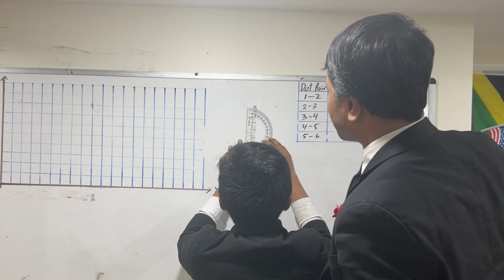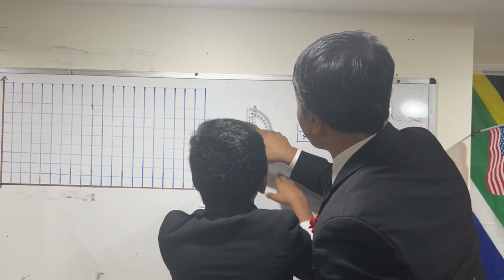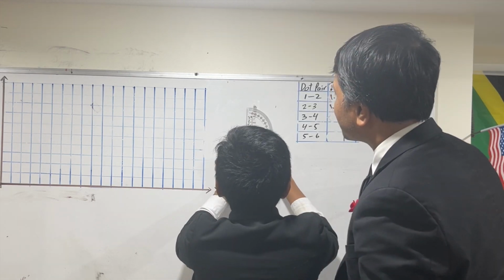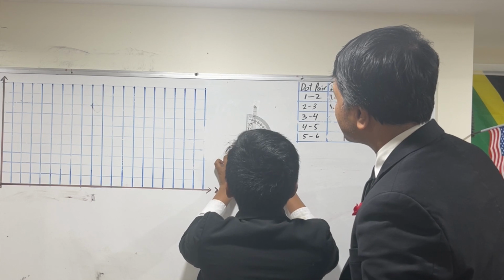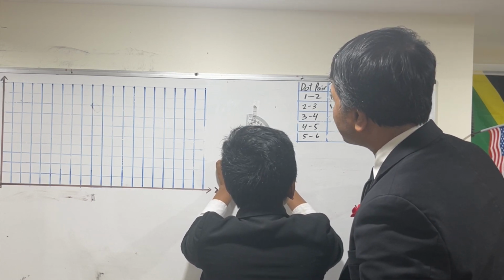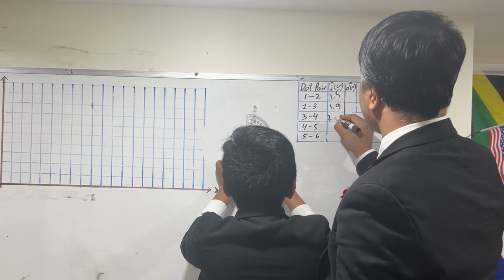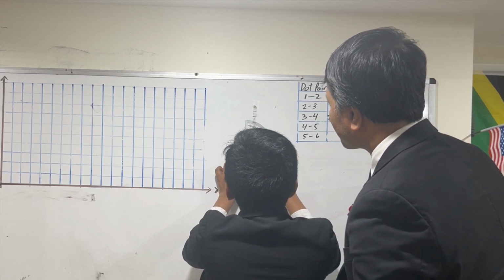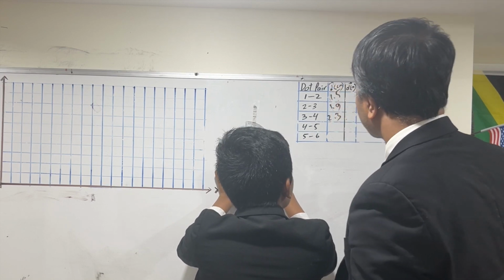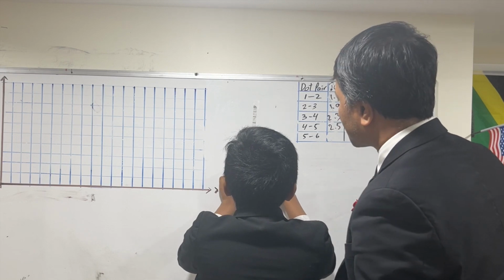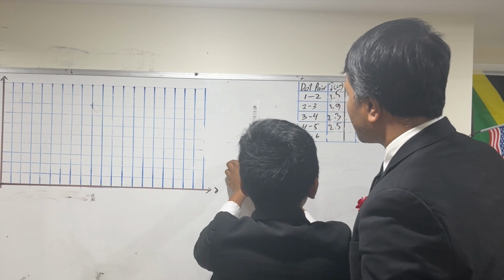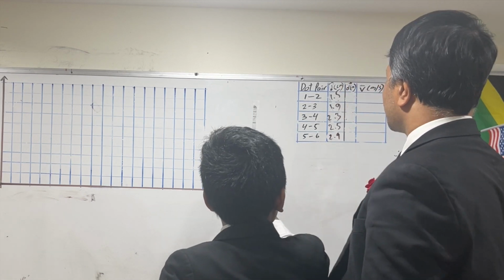Alright, so now we drop down here and we get 2.3. And then here we have 2.5. And finally here we have 2.9.